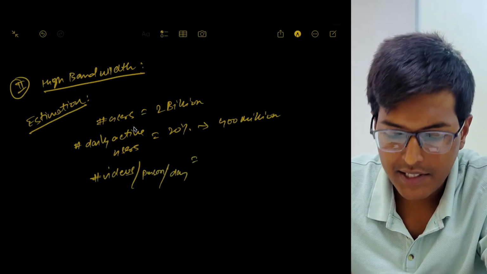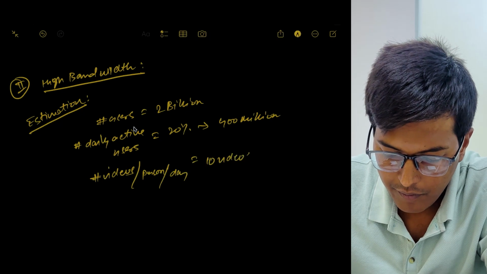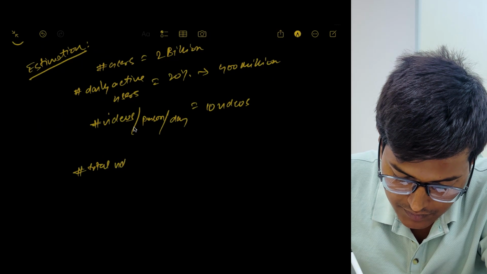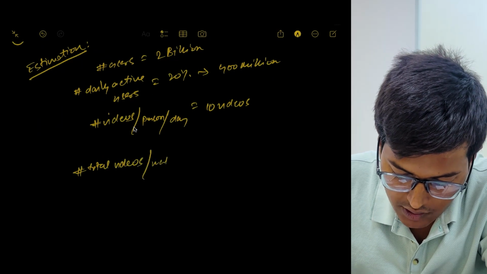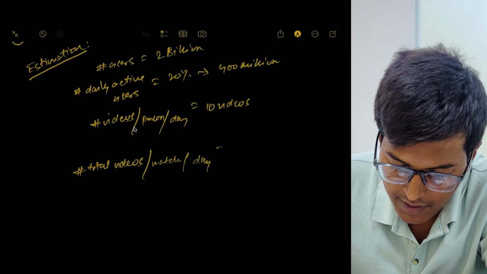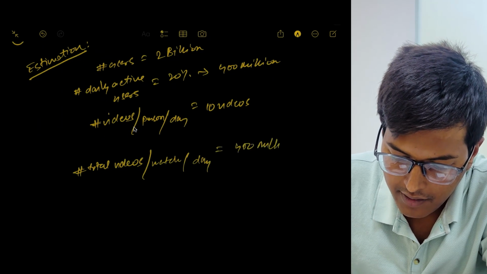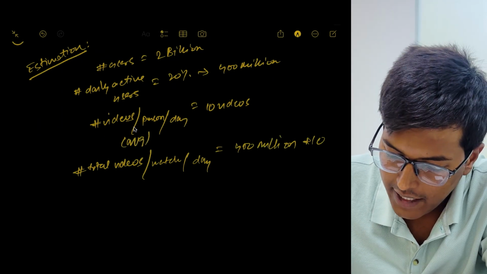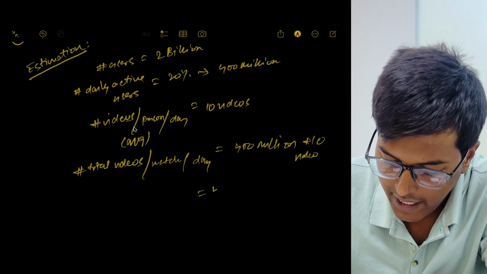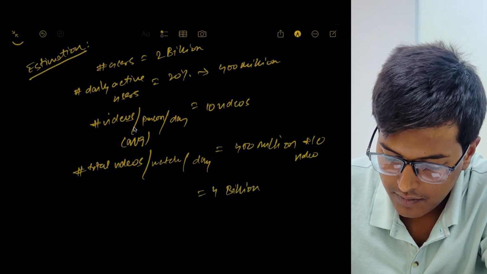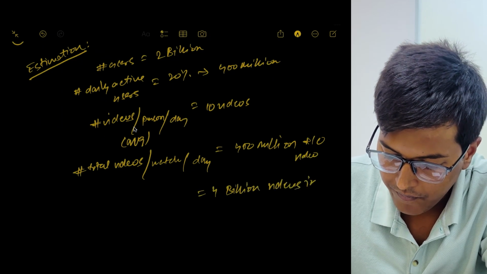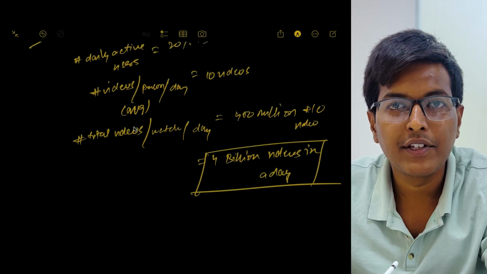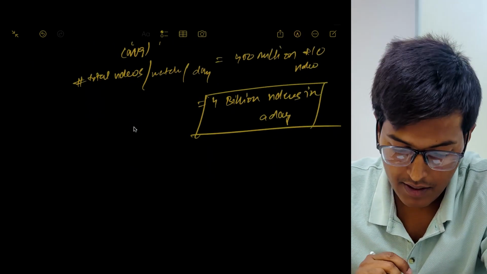Again, as an estimation, let's say 10 videos, right? So how many total videos are watched per day? 400 million users are there, and each user on average is watching 10 videos. So that will be 4 billion videos in a day, right? Which is very, very high.